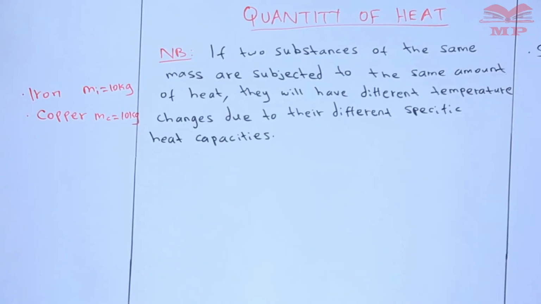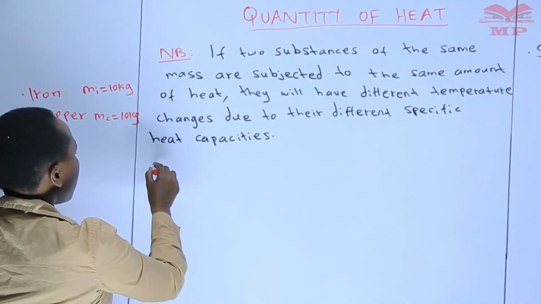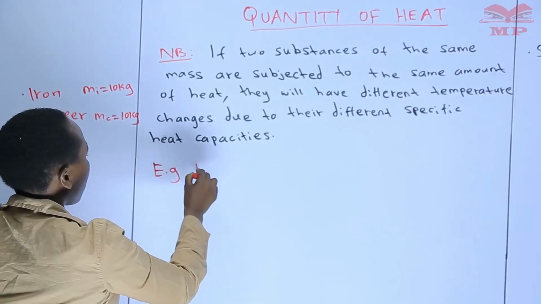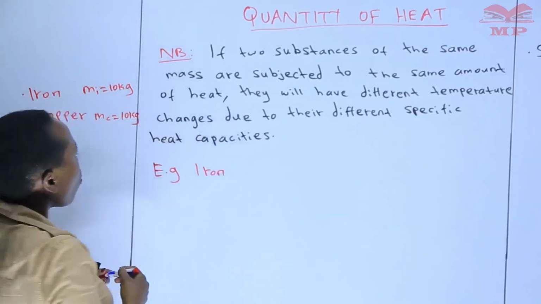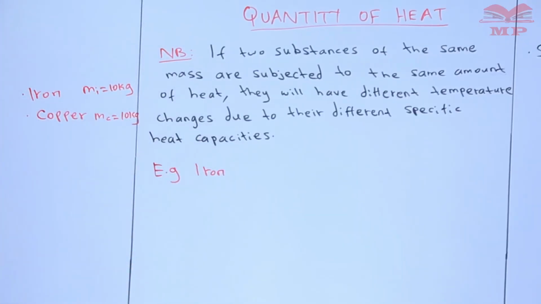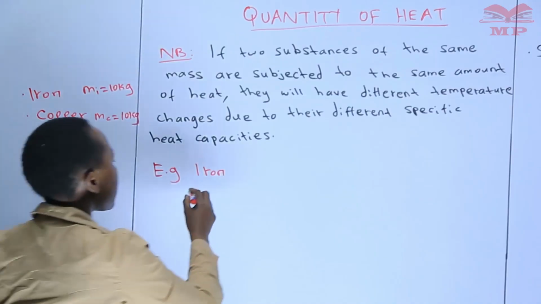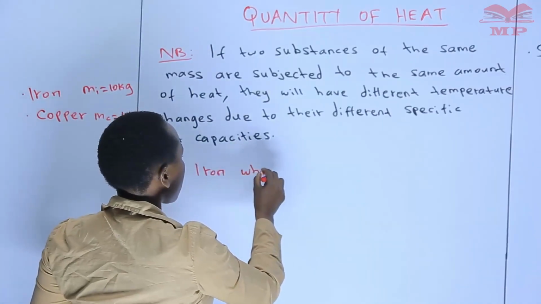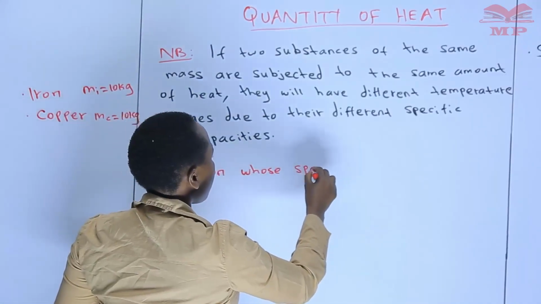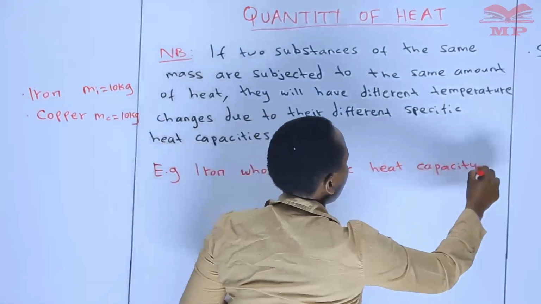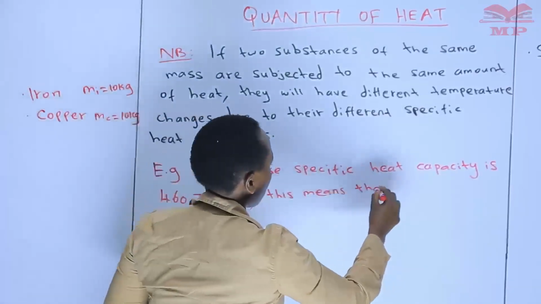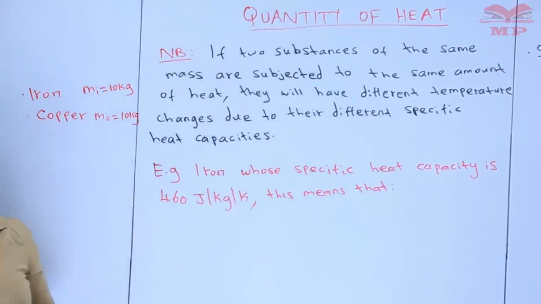For example, if we talk of iron, now we are taking an example of iron whose specific heat capacity is 460 joules per kilogram per Kelvin.